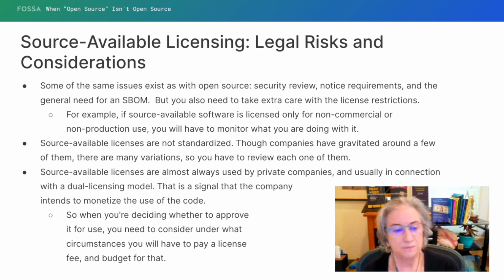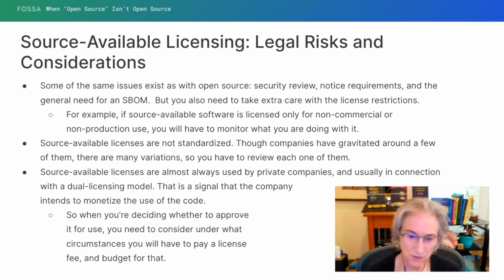And then source available licenses are almost always implemented by private companies and usually in a dual licensing model or some other business model where the company wants to make money from the software. So for instance, if I'm a company and I release software under a source available license that says no commercial use, and you want to use it for commercial purposes, you have to come back to me and negotiate a separate custom license with me.